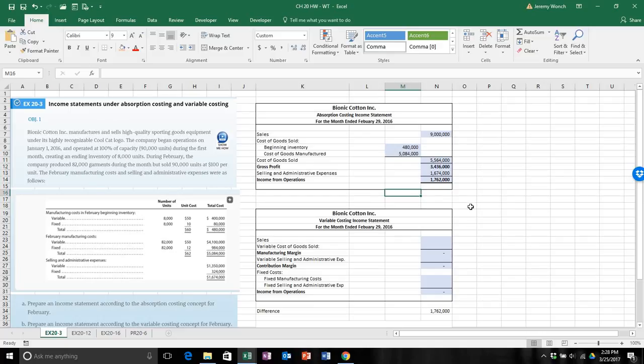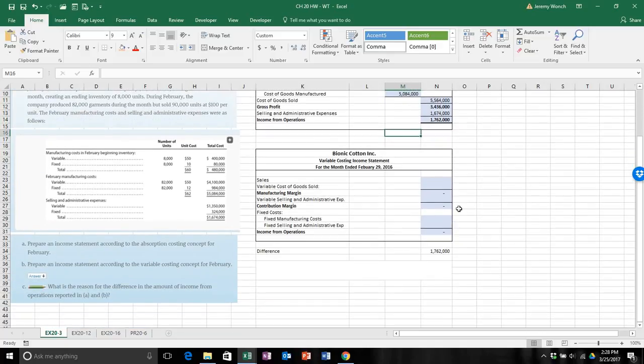Okay, let's do it for the variable costing method. Sales are going to be exactly the same, no difference there. We sold 90,000 units at $100 a piece, so we've got 9 million.